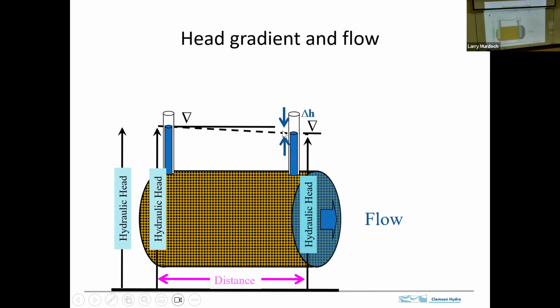So we've got a head difference between these 2 points, delta H, and we've got a separation distance. So we take that ratio, and that ratio is the change in head over the distance. So that's the hydraulic head gradient, the difference in the hydraulic head over the distance.